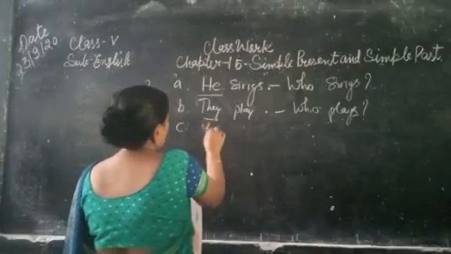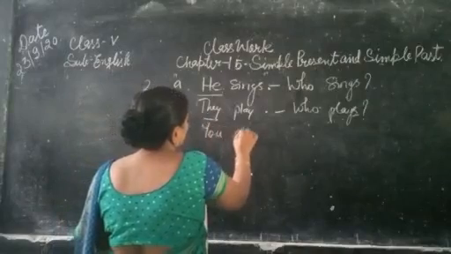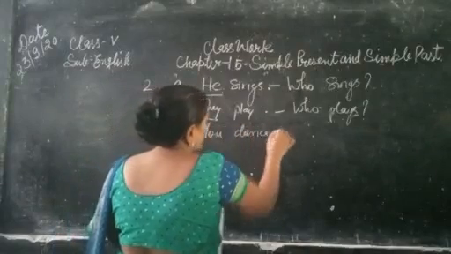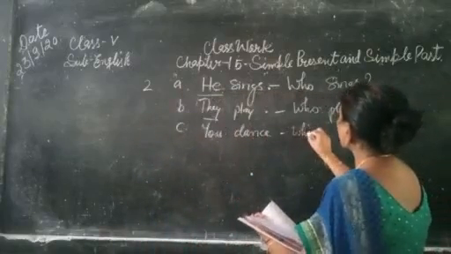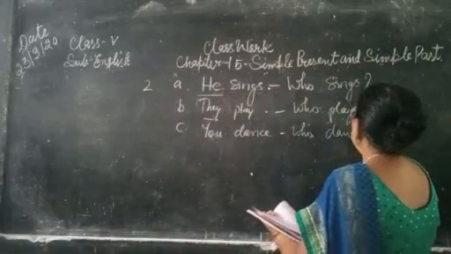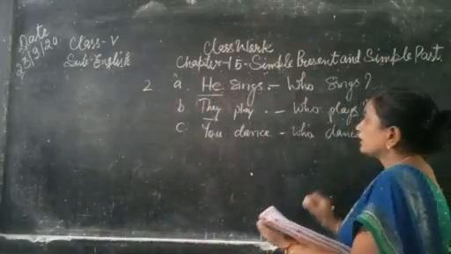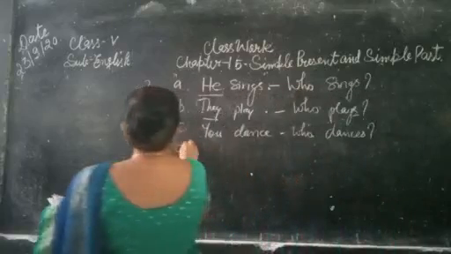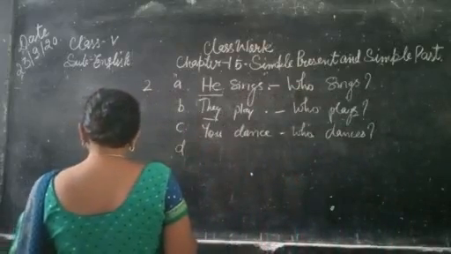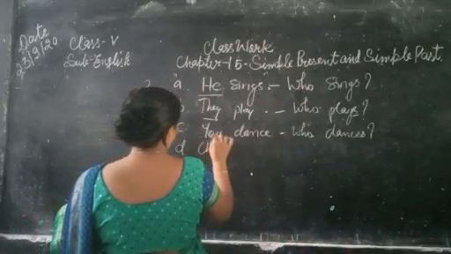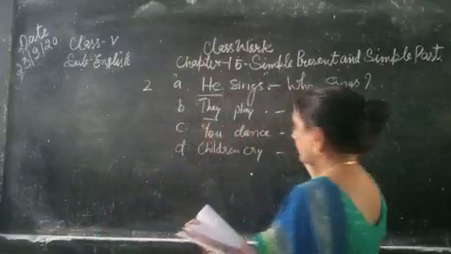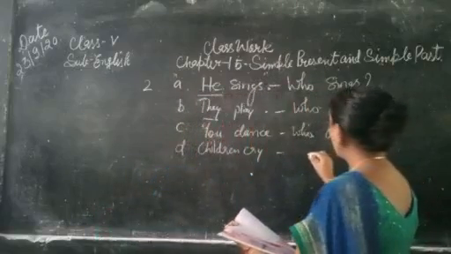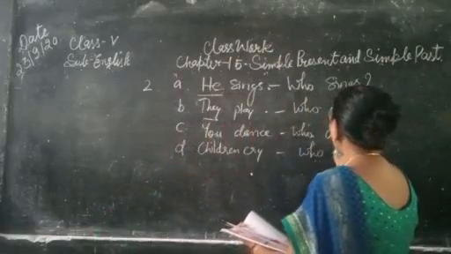C, you dance. Then WH question, who dances? Then interrogative sign. In D sentence, children cry. Who cries?